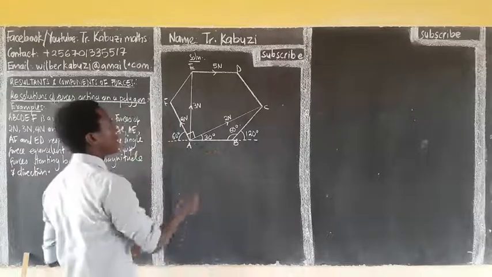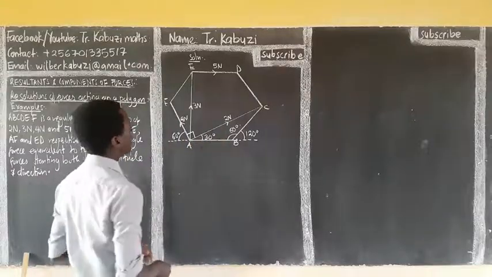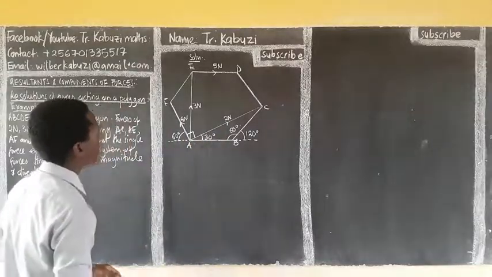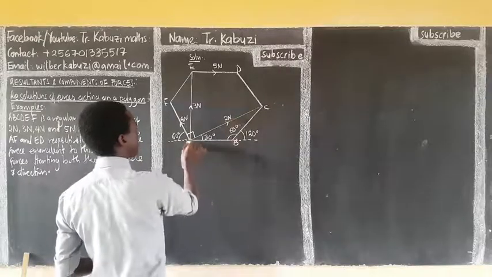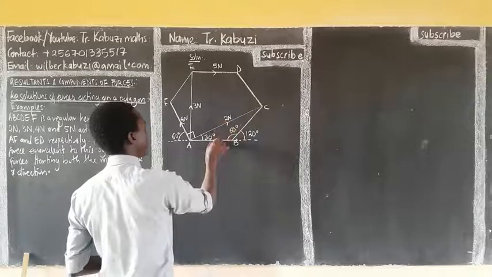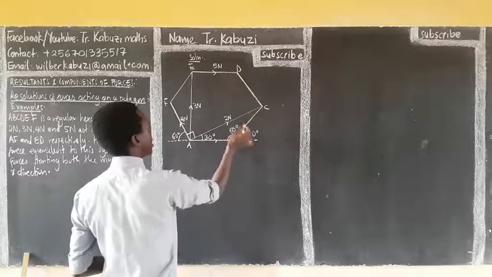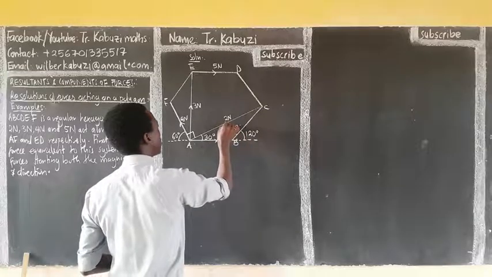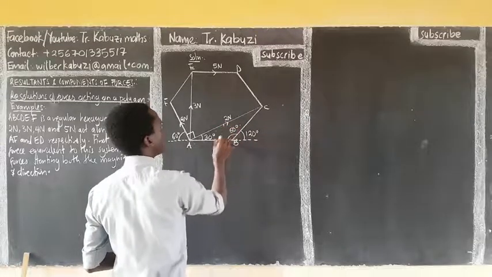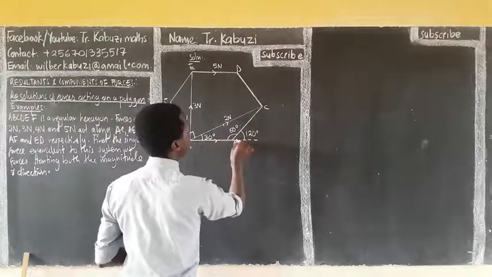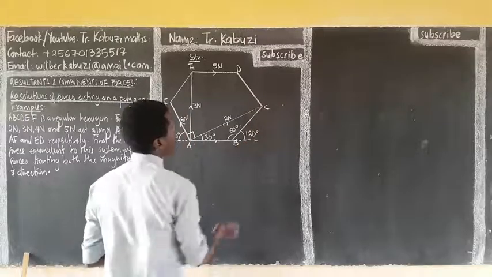To resolve this force, this was the one which was giving us a problem. So when we resolve this, I'll come like this, then I go this way up, or you can complete this side, then you go like that.